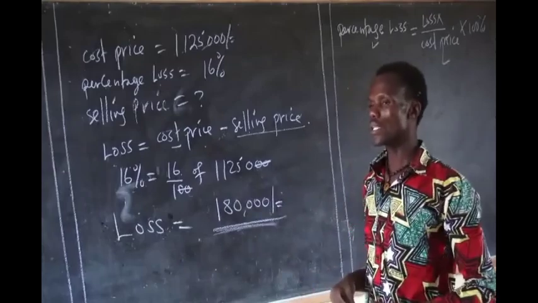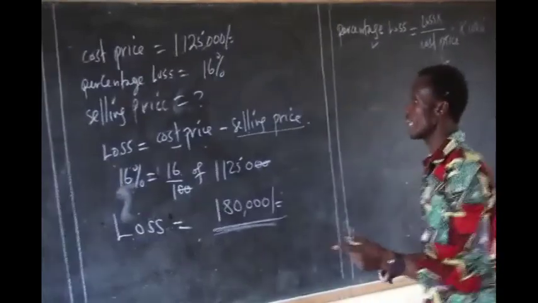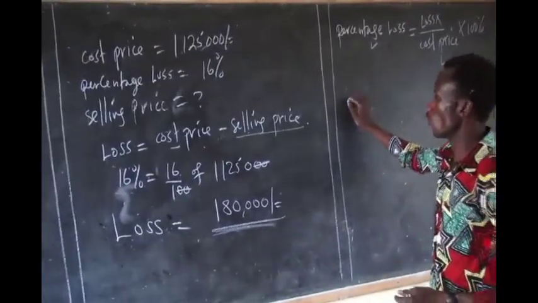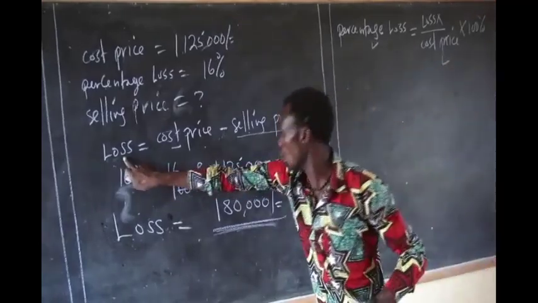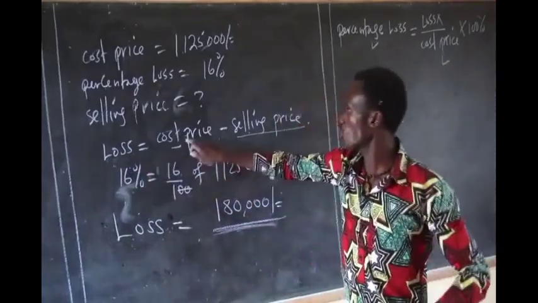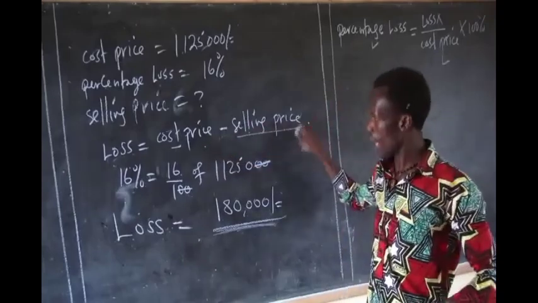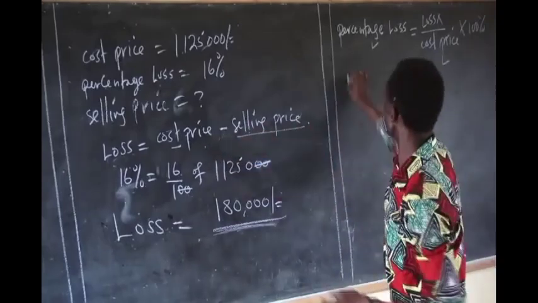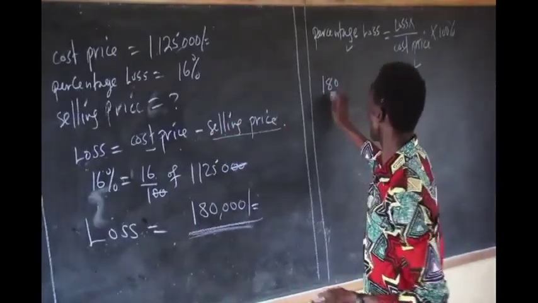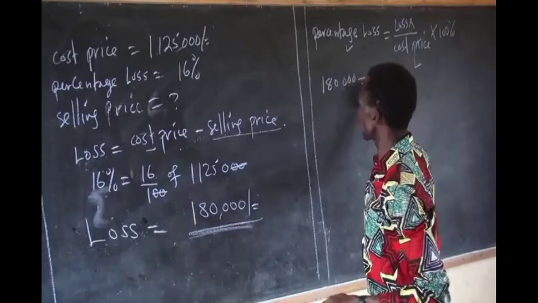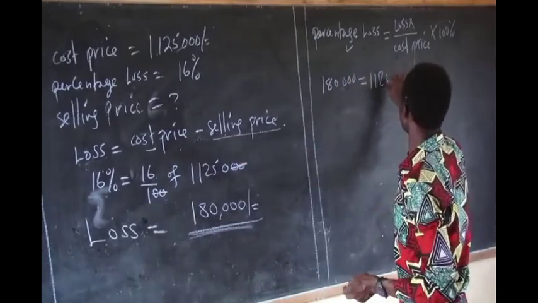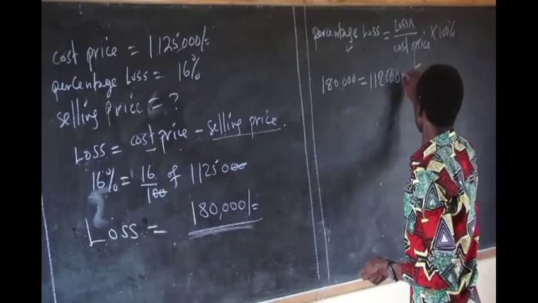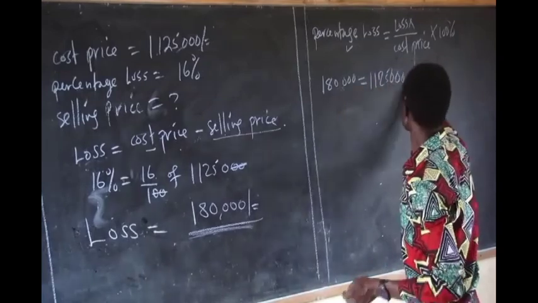Now let us see how to calculate the selling price. Remember from here, loss is equal to cost price minus selling price. The loss is 180,000, equal to the cost price, which is 1,125,000, minus the selling price, which is not there.